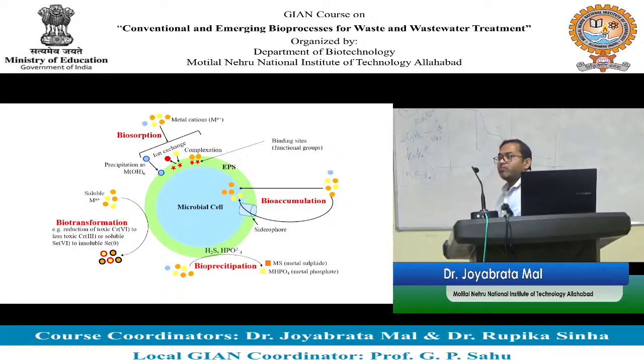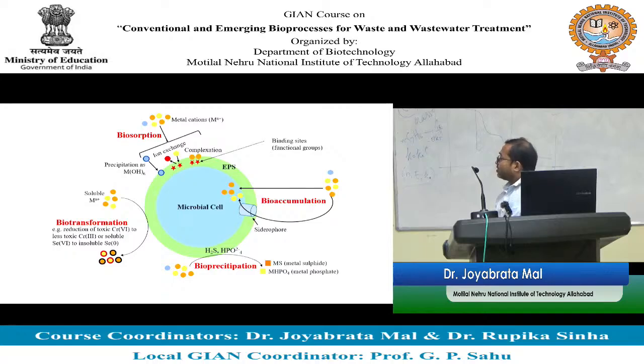So bioabsorption means that instead of using any chemical or other kind of adsorbent, we are using biological adsorbent. It could be dead bacteria, or dead plant biomass. Biochar is a very good example of a bioabsorption process.